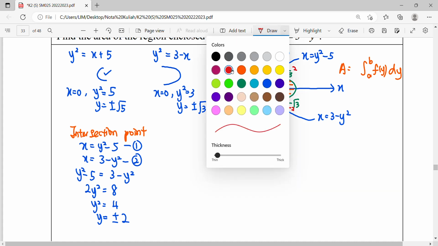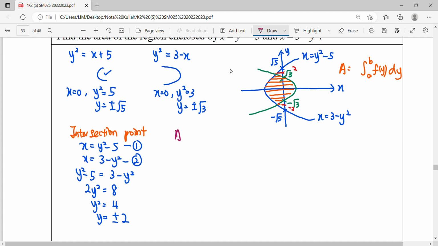Then we perform our area formula, integrating with lower limit negative 2 and upper limit 2. In order to calculate the region bounded by two curves without attaching to the y-axis, we take the formula: the right hand side curve minus the left hand side curve. The right hand side curve here is 3 minus y squared.